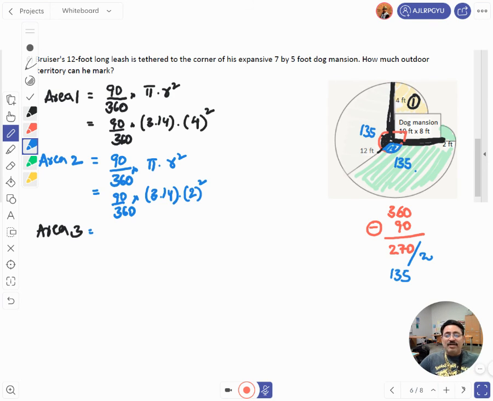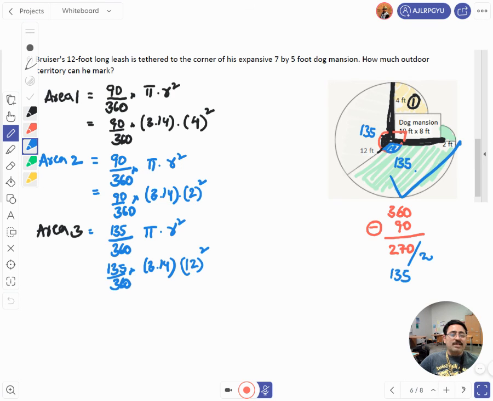So central angle 135 over 360 times pi times r square. Pi value is 3.14, and the radius is given as 12 feet. So radius square.